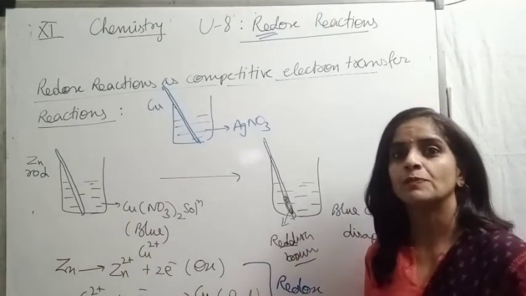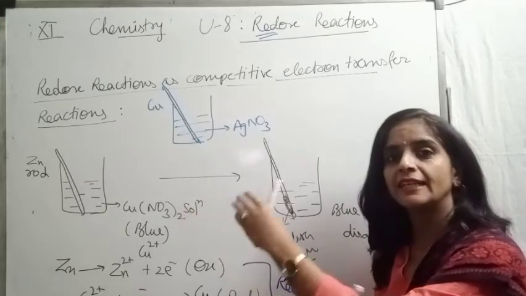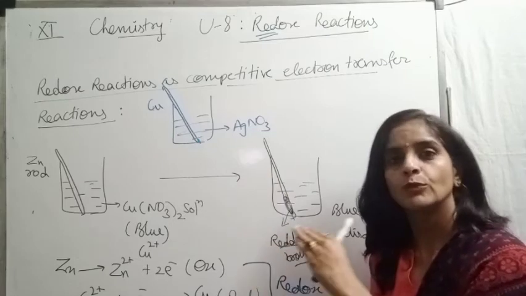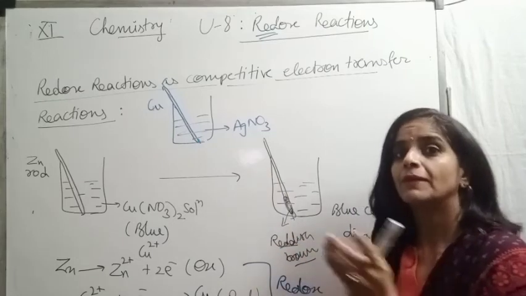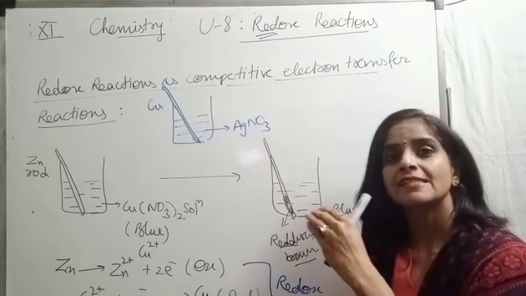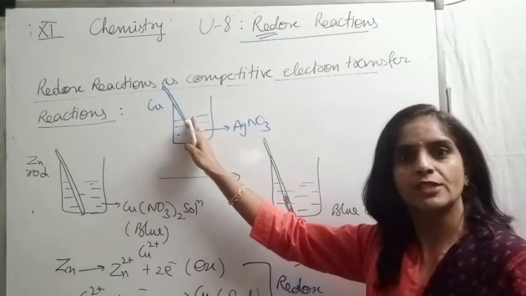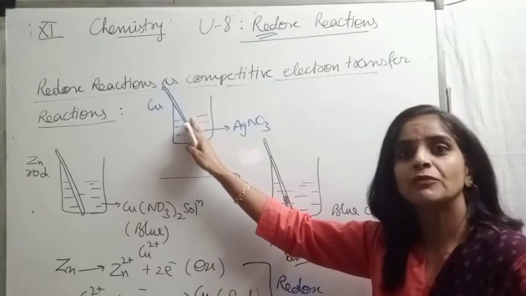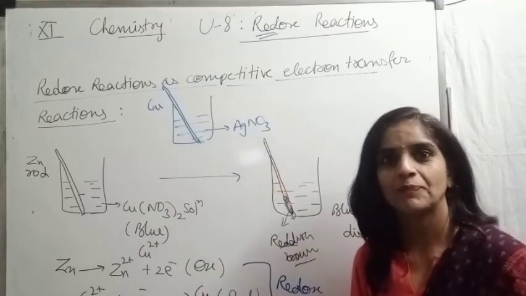Now what will you observe? Opposite to this, where the intensity of blue color decreased and ultimately disappeared, here you will find that blue color starts appearing. Initially the solution was colorless.